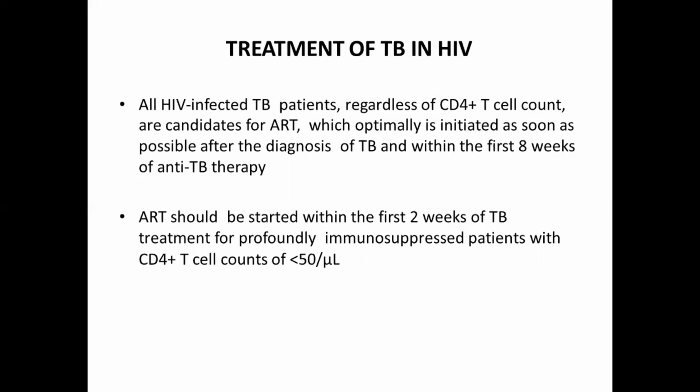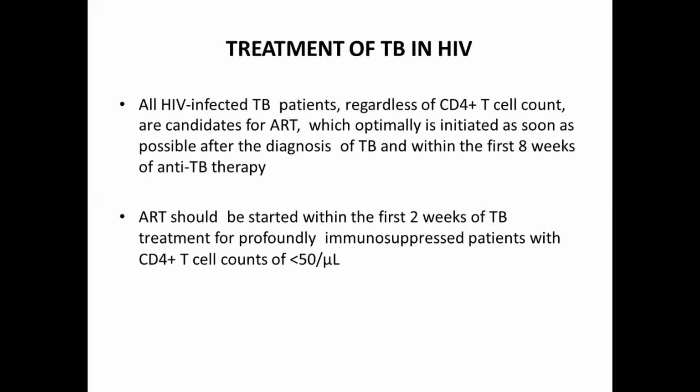As I've told you, if a patient has got HIV, you should always test whether the patient has got tuberculosis or not. And if the patient is diagnosed with HIV and tuberculosis, regardless of the CD4 counts, you should start the patient first on anti-tuberculosis drugs, and within 8 weeks, that is as early as possible, you should start antiretroviral therapy.